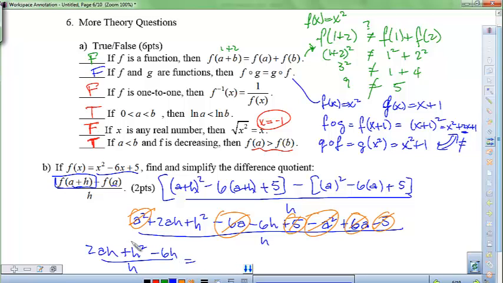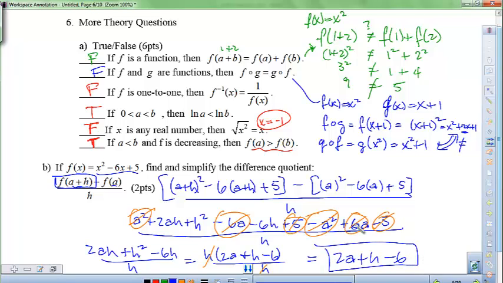And now if we factor out an h from the top, we get h times 2a plus h minus 6, all over h, and then the h's will cancel. And so our final answer is 2a plus h minus 6.